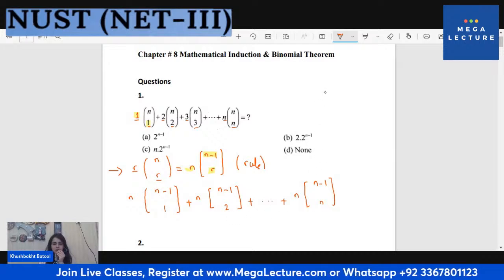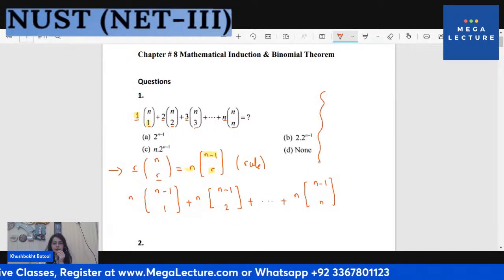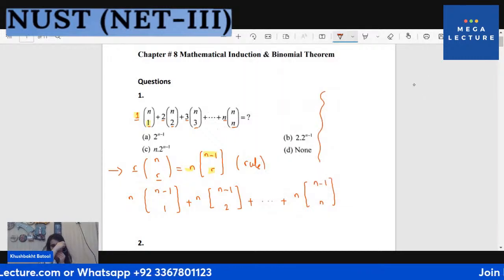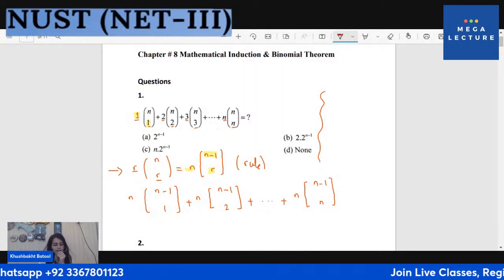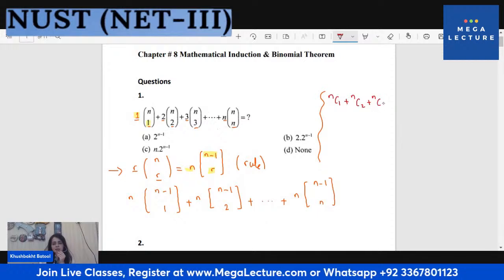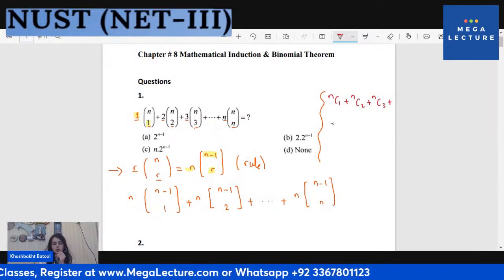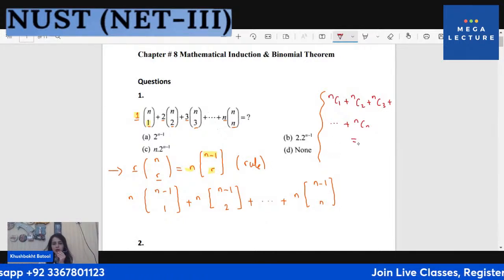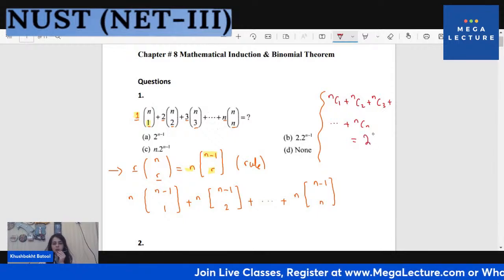Now I know in general, I'll write that thing here using a different color. Whenever we have nC1 plus nC2 plus nC3 plus so on plus the last one nCn, this sum of both odd and even coefficients is equal to 2 to the power n.